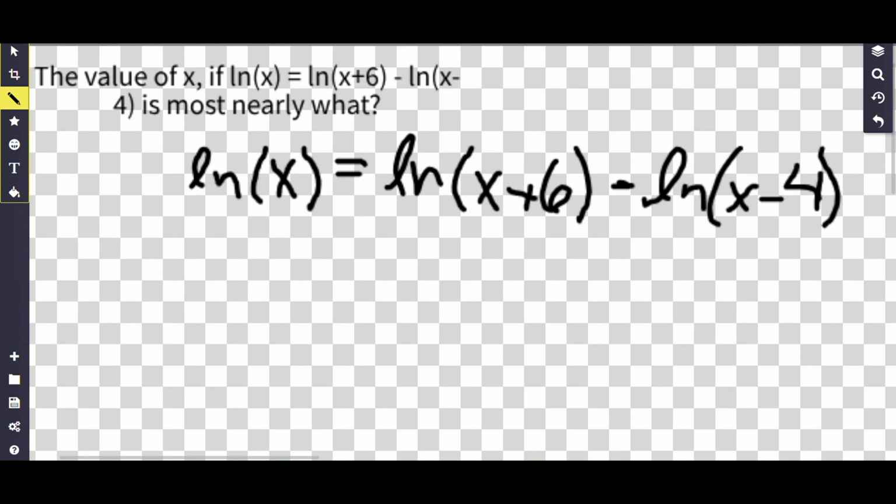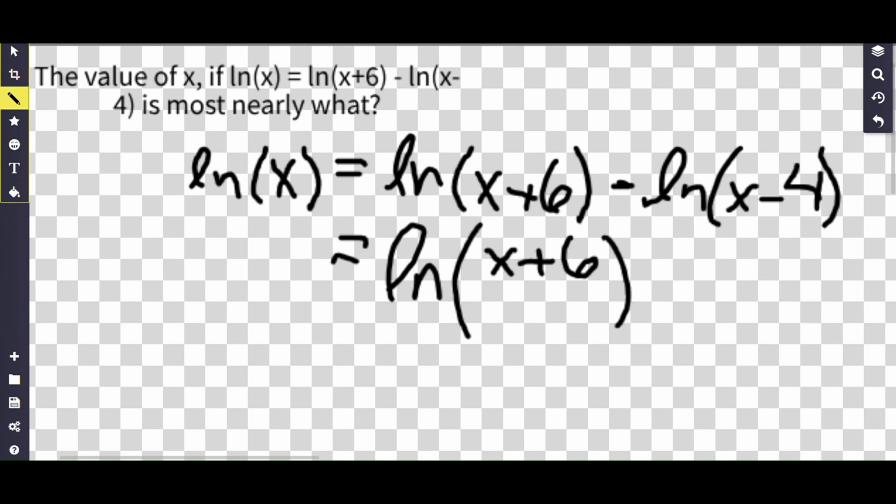The trick here is that minus. That minus tells us to use one of the log rules, the rule of division. So we can simplify by saying the natural log of (x plus 6) over (x minus 4), and of course, the left side still remains the same.